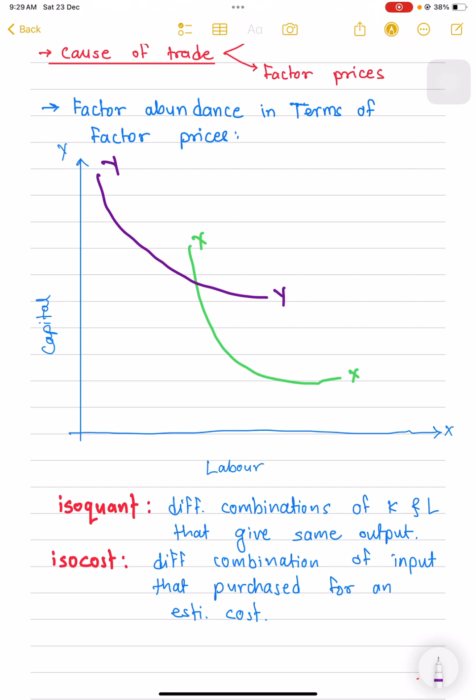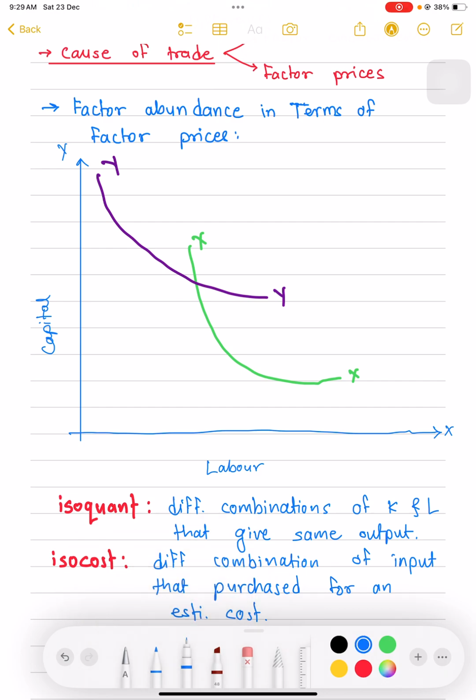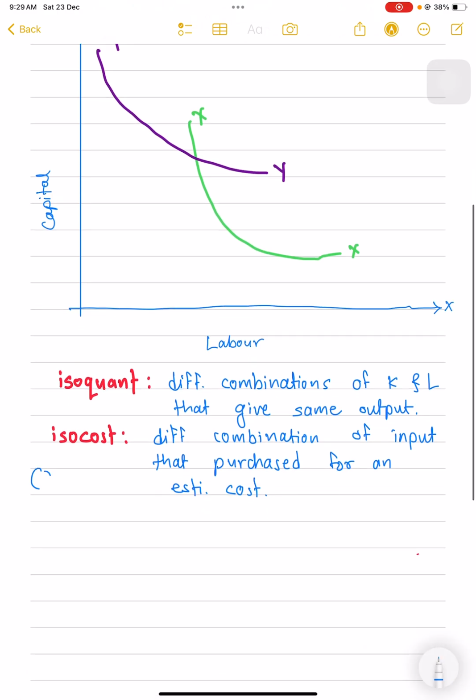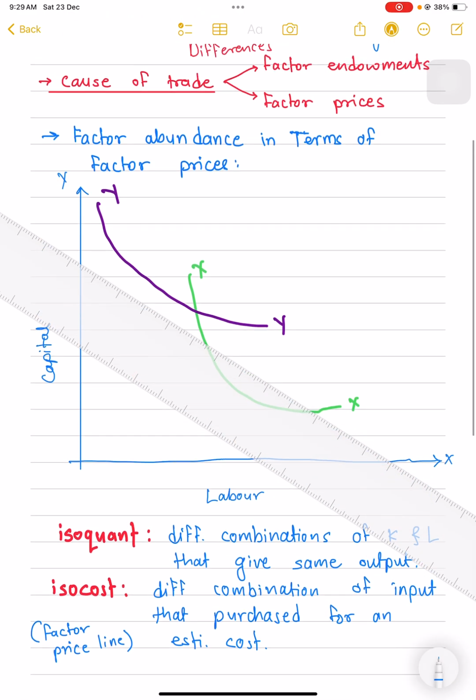Now the relative factor prices in country A for both the commodities are given by factor price line AA. Now we will draw a factor price line, meaning the isocost line. The isocost line is also called the factor price line. Now we will draw it for country A.